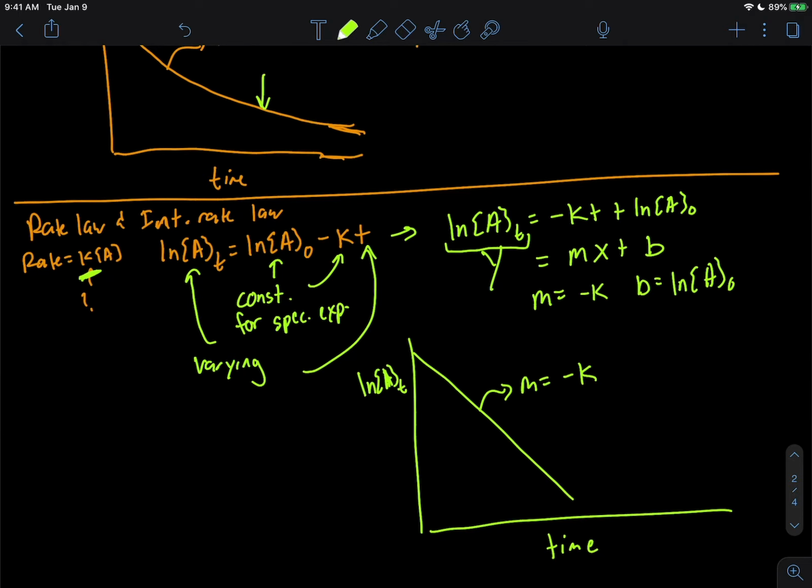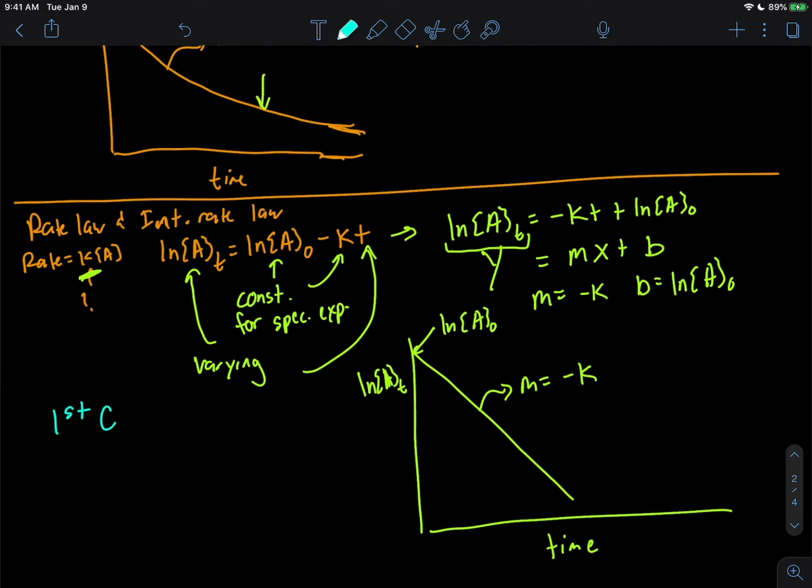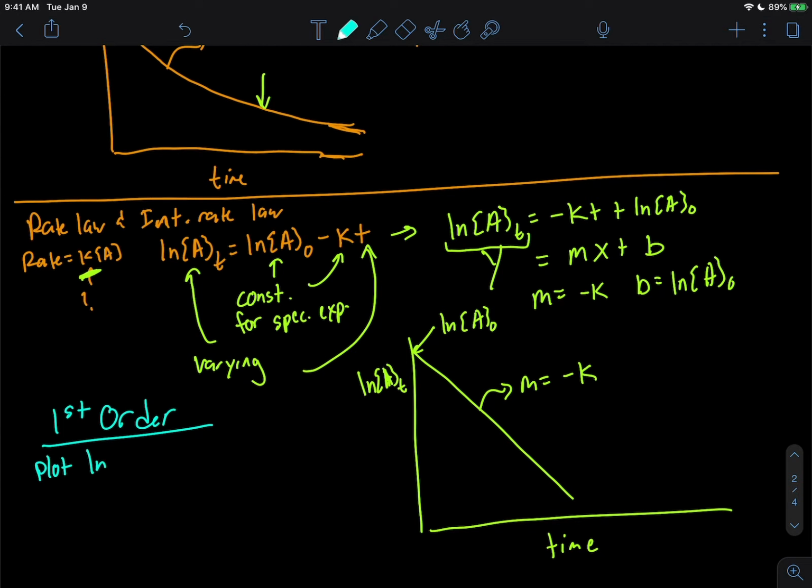It's easy to get the slope of a reaction, and our y-intercept is going to be equal to the natural log of our original concentration. So we see a couple concluding observations that we can make when we're dealing with a first order reaction. The plot of the natural log of the concentration of A versus time is linear, and that's because of the integrated rate law expressions that we observed.